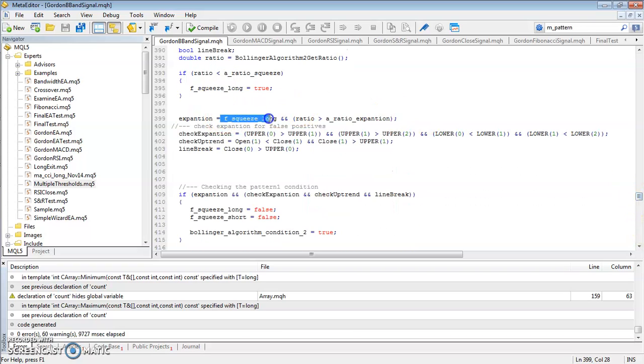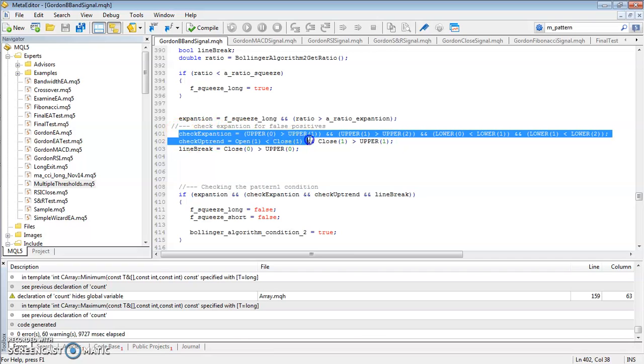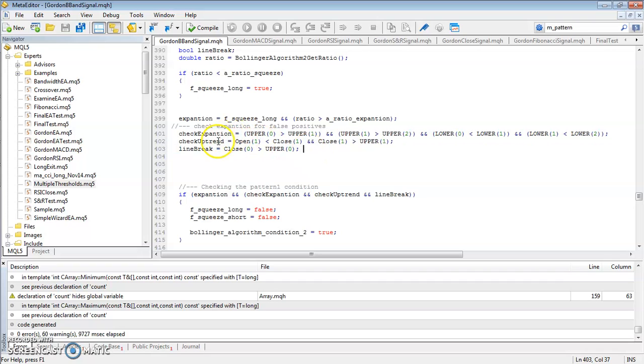Here's the expansion. So if there was a squeeze and then the ratio is greater than the expansion ratio, then here he pretty much has the same thing as me when checking an expansion and uptrend and a break of the upper band.